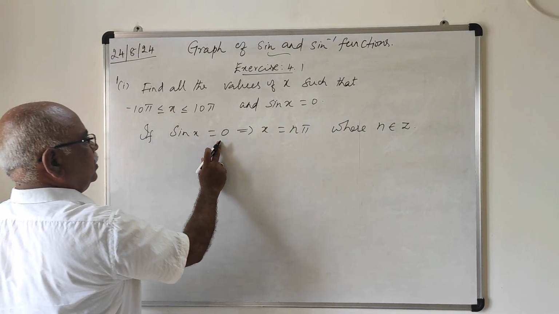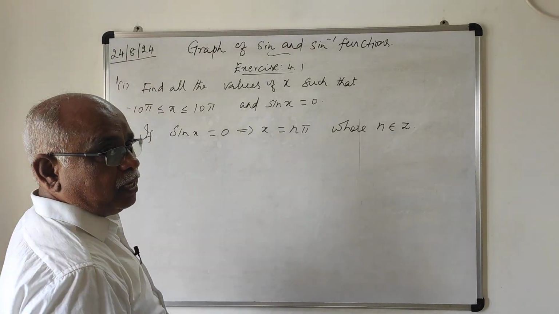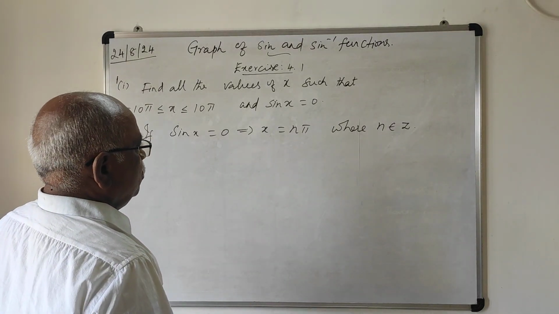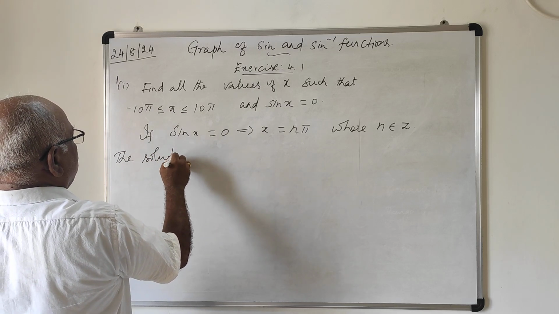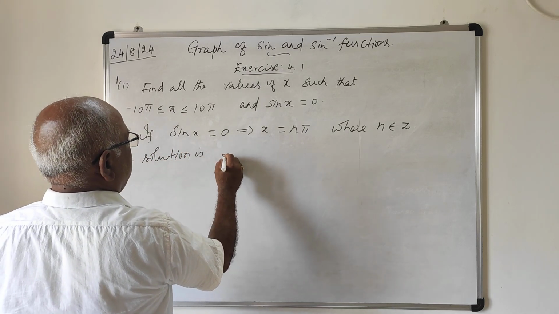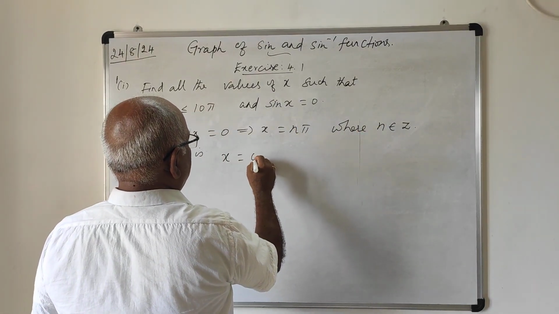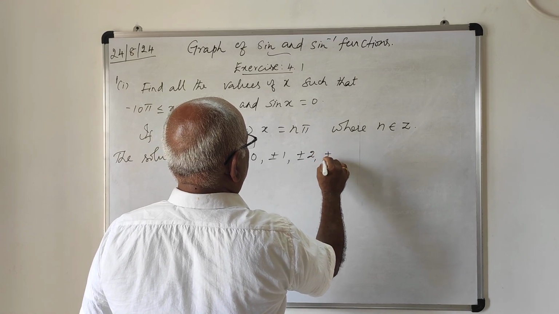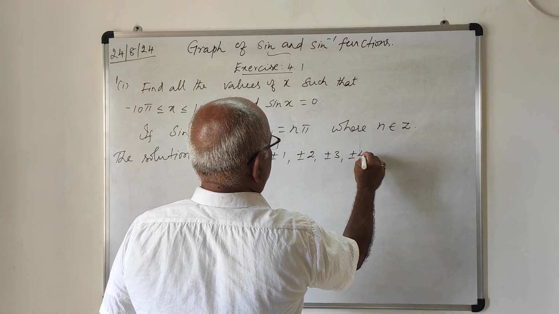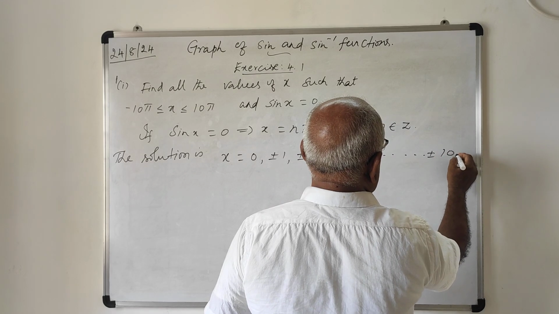So therefore the solution is x equal to n pi, n belongs to Z. That means x equal to 0, plus or minus 1, plus or minus 2, plus or minus 3, plus or minus 4, etc. up to plus or minus 10.